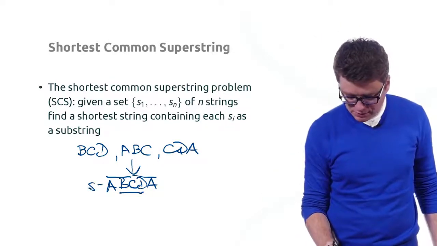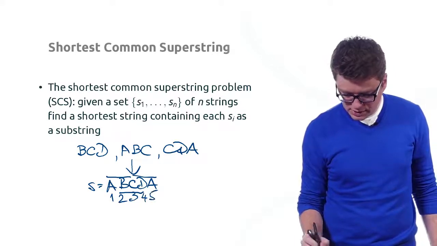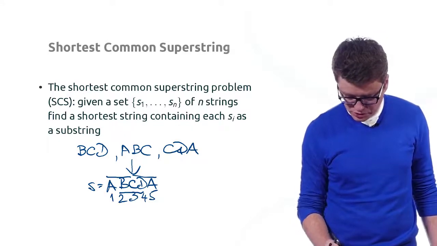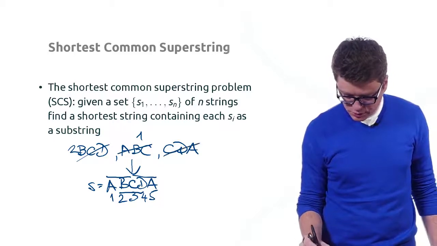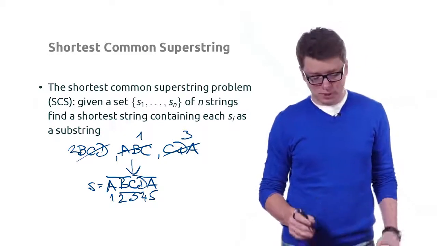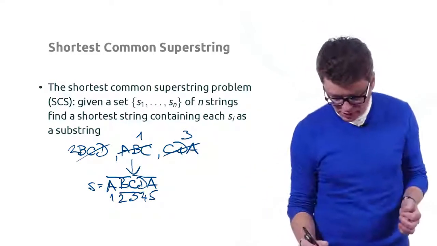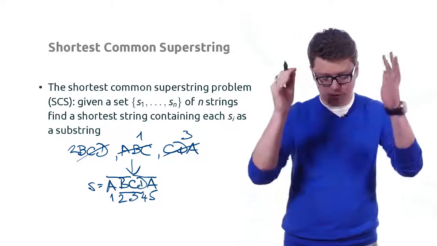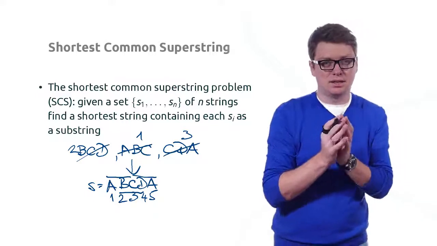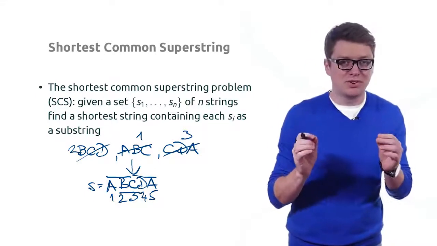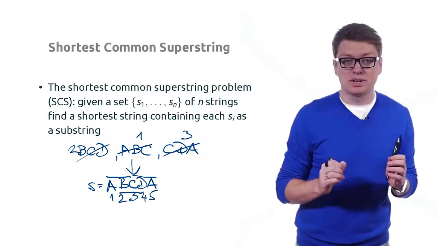For example, if the indices start with 1, then instead of BCD we can store just 2. Instead of ABC we store 1. Instead of CDA we store 3. So we store just the superstring and the indices of the first symbols. So instead of 9 symbols, for example, here we store 5 symbols and also 3 indices. In this case the space savings are probably not dramatic, but if we have many such strings, then it makes perfect sense.